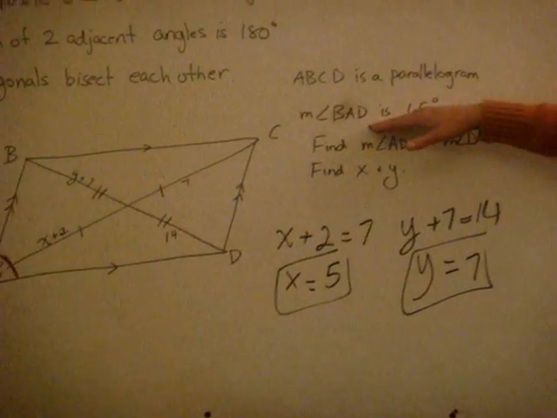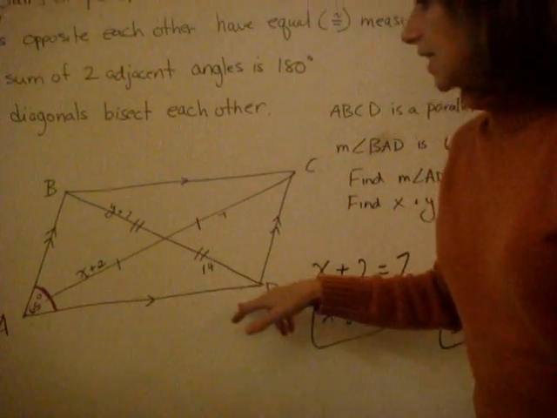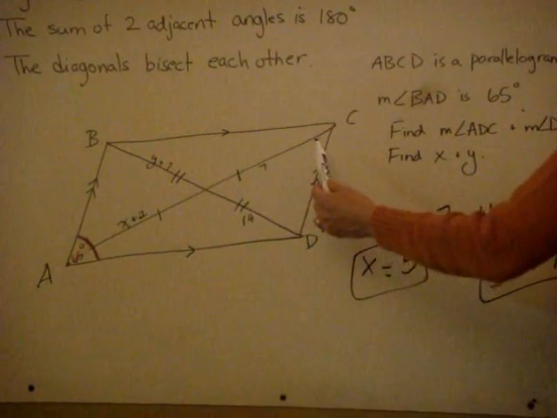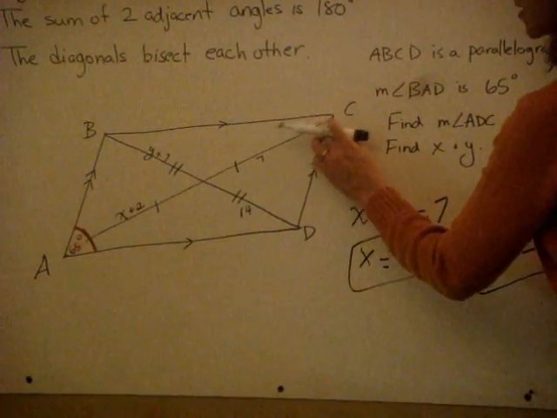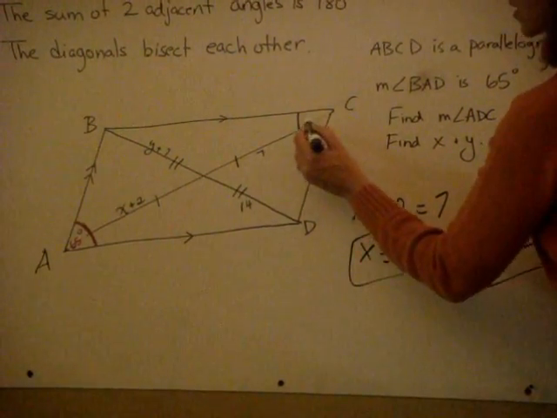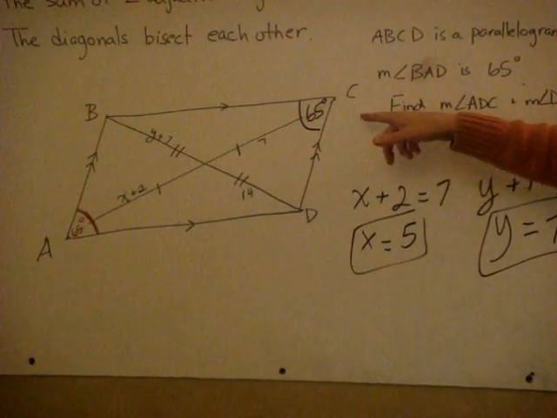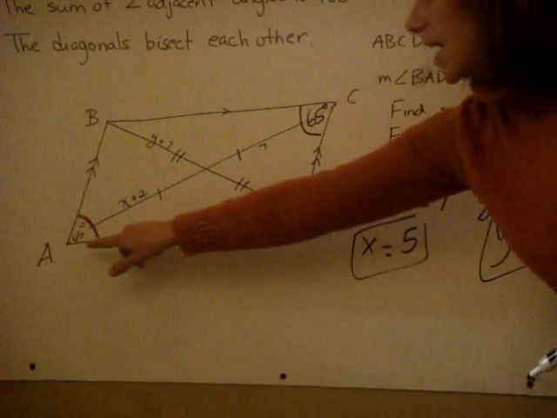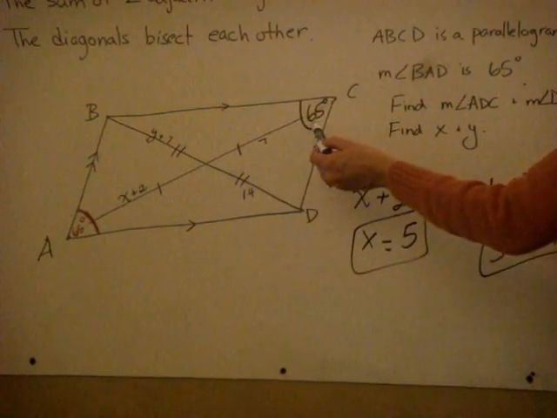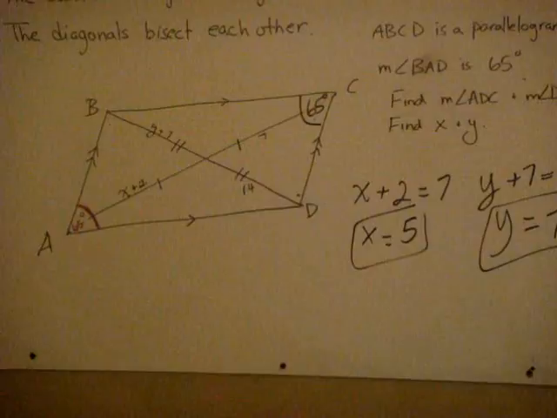Now we have to find the angles. We know that BAD is 65. We know that the opposite angle, they're congruent or equal. So we know that this angle right here is also 65. And now all we have to do is find our final angle, which is CDA. We know that this one and this one have to add up to 180.